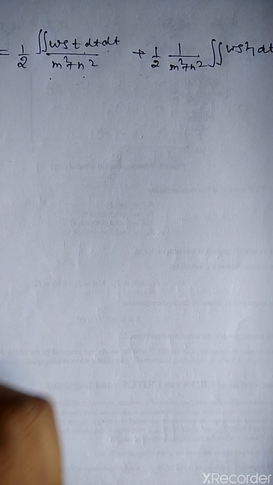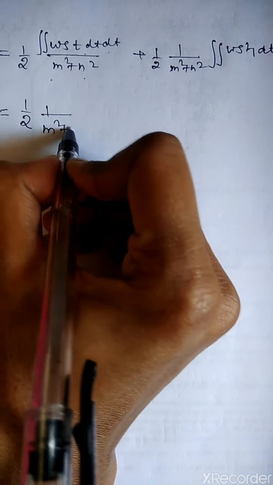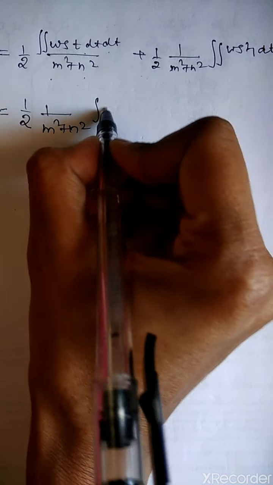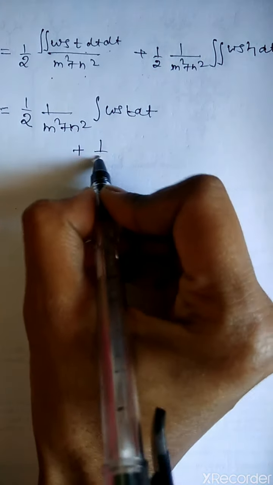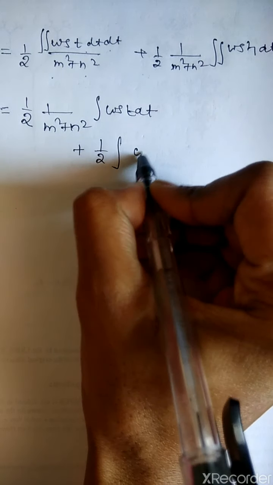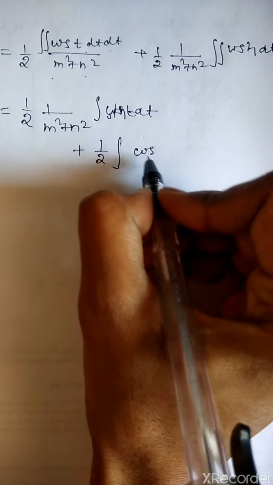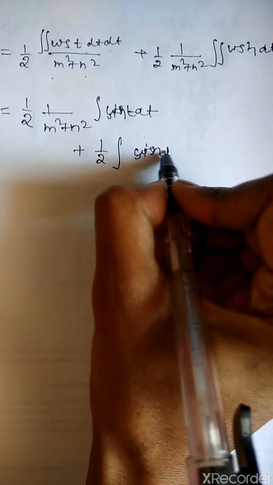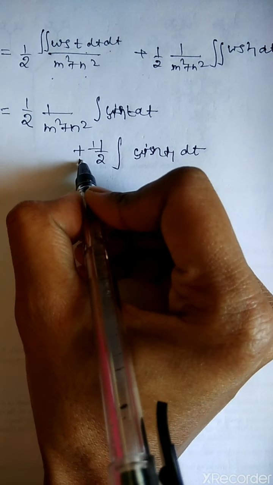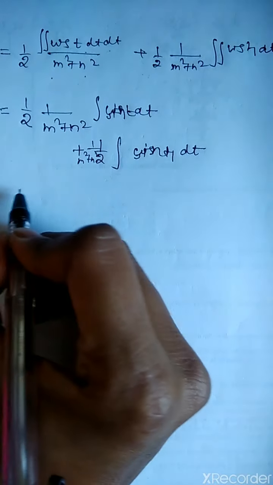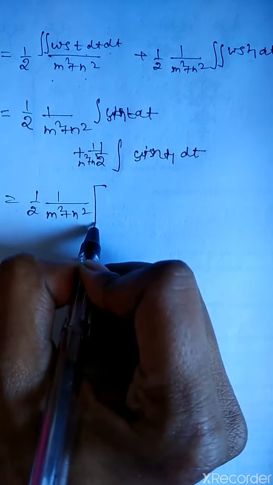So first we find the solution of this one. Half 1 by m square plus n square integration: first we get cos t dt, and then plus half cos t1. So we are getting sin t, and again we have sin t1 dt. And then here is 1 by m square plus n square. Now this is equal to half 1 by m square plus n square taken as common.